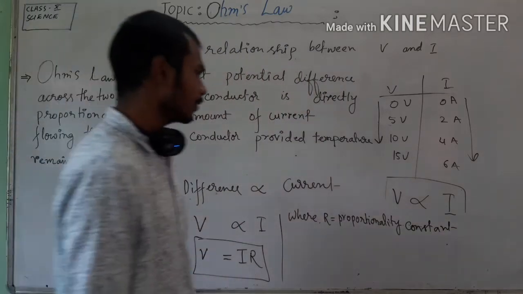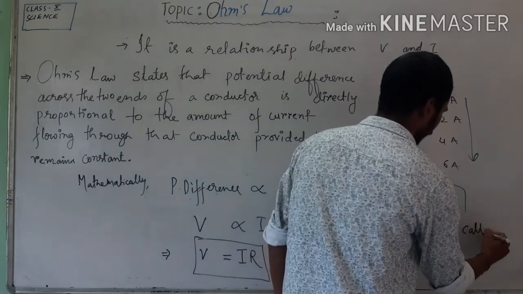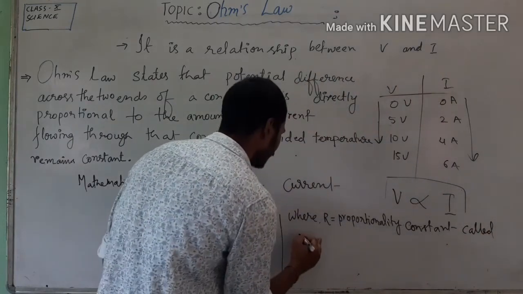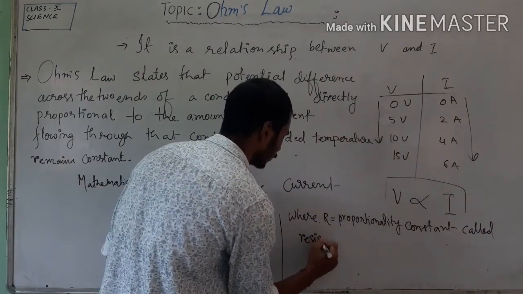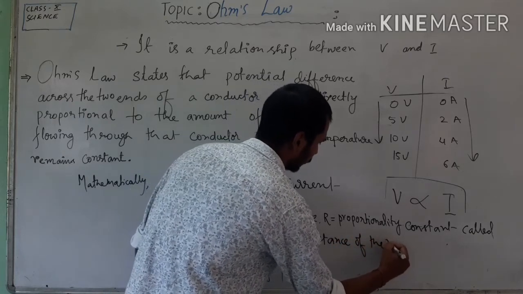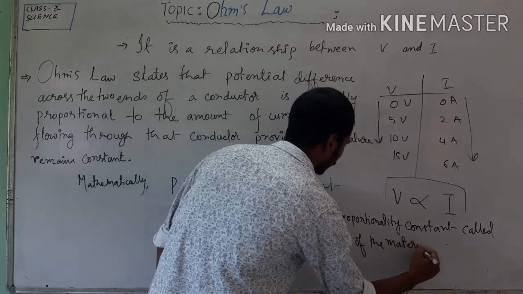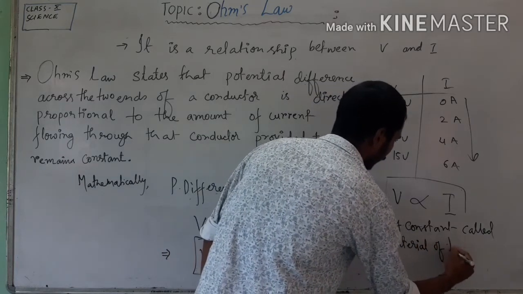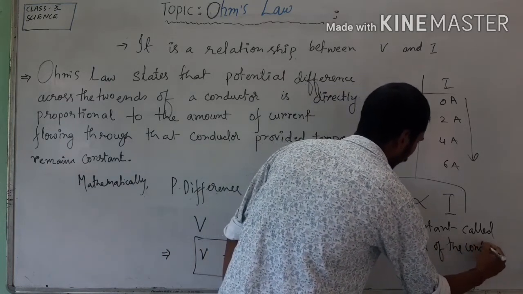R is a proportionality constant called the resistance of the material of the conductor.